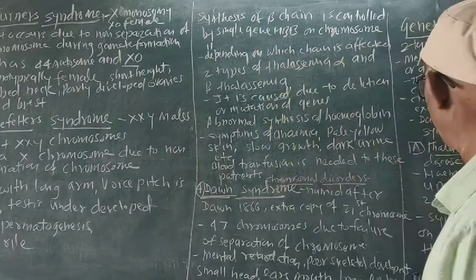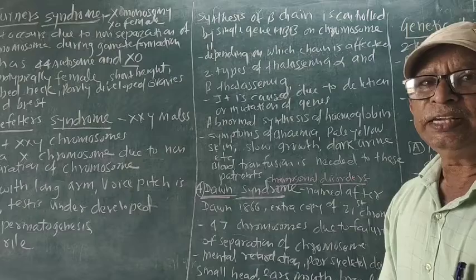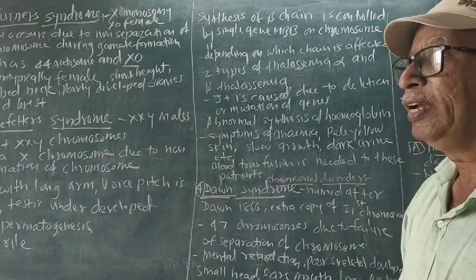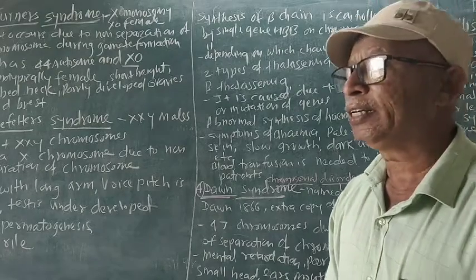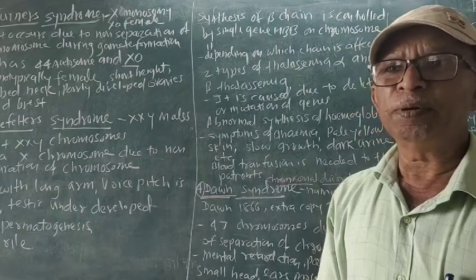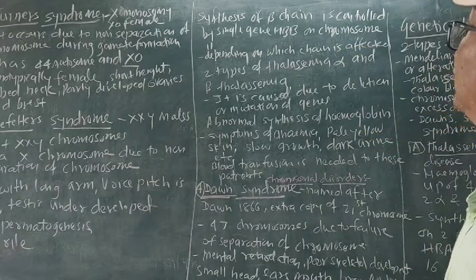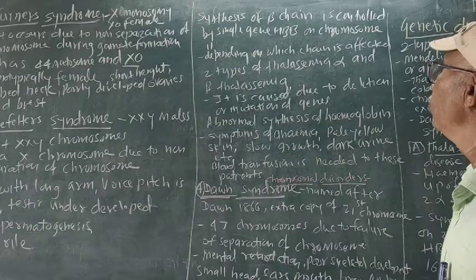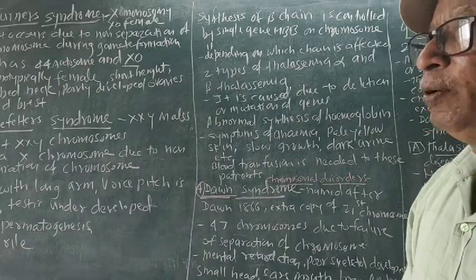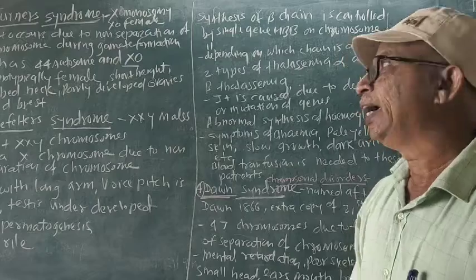We are studying here the thalassemia. The body is unable to produce the hemoglobin. That is anemic condition. Anemic condition is found in the individual. Here the synthesis of beta chain is controlled by a single gene which is present on chromosome number 11.